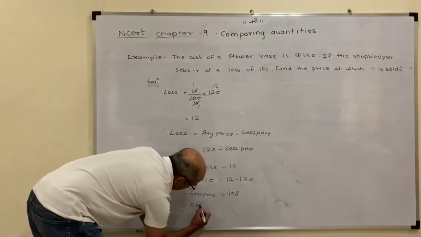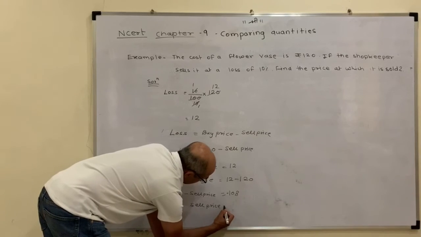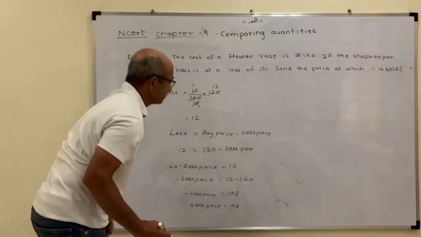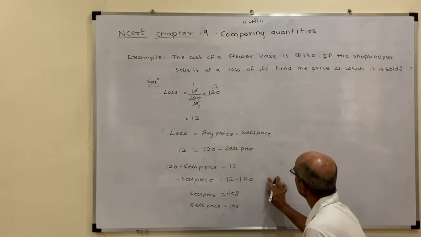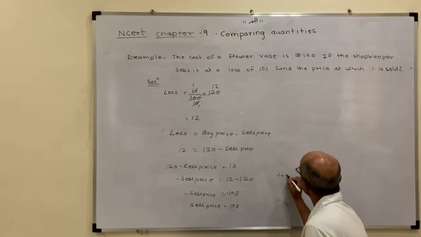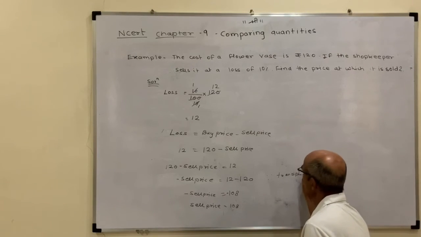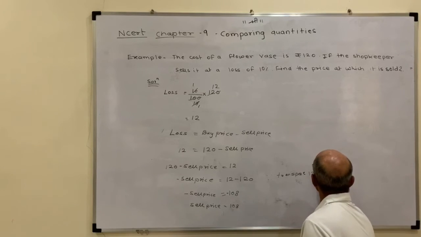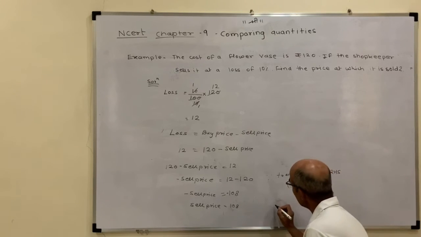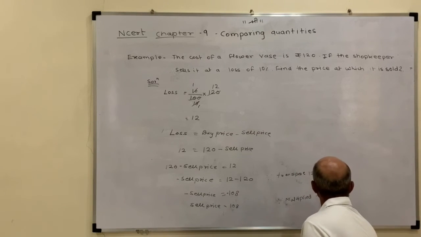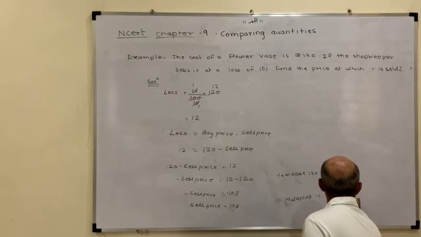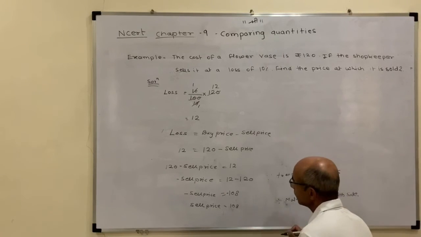Now I multiply minus 1 to both the sides. So my sale price equals 108. Here I transposed 120 to the RHS, then multiplied minus 1 to both the sides.